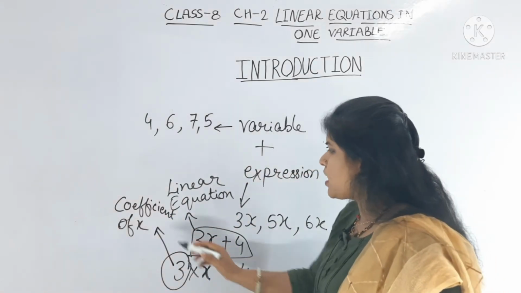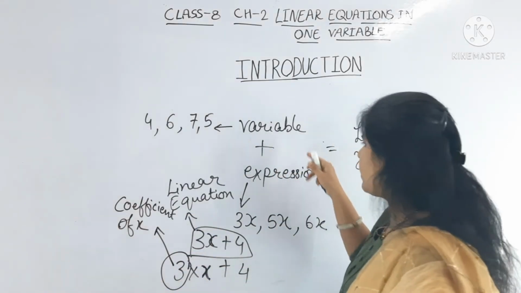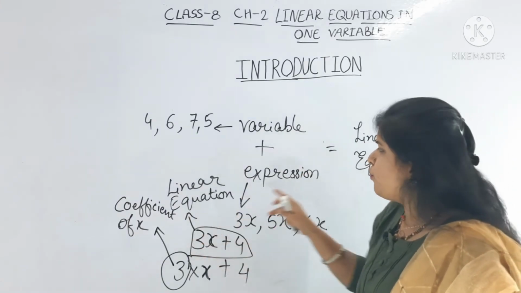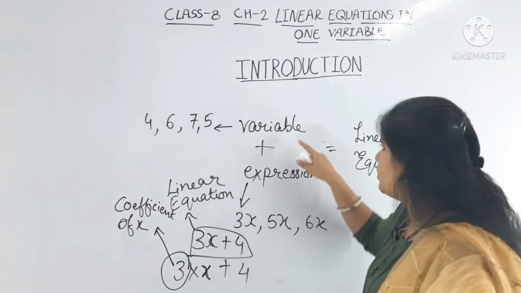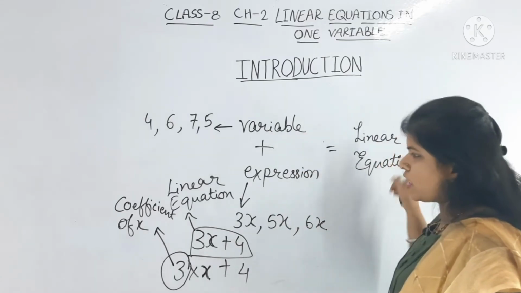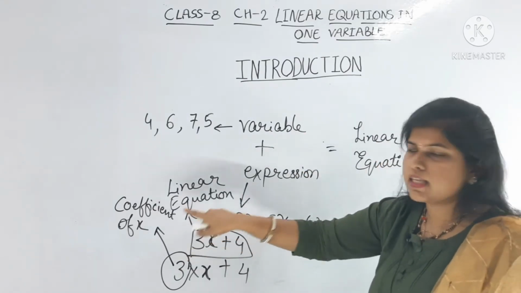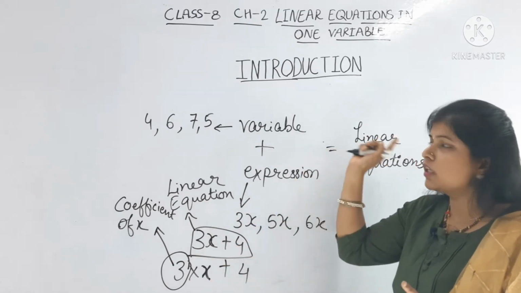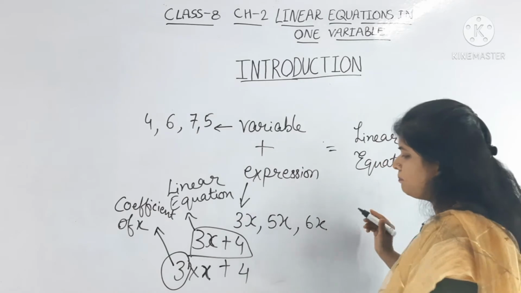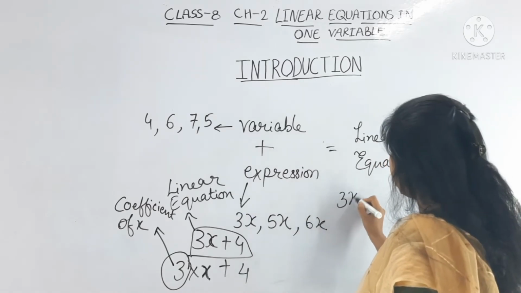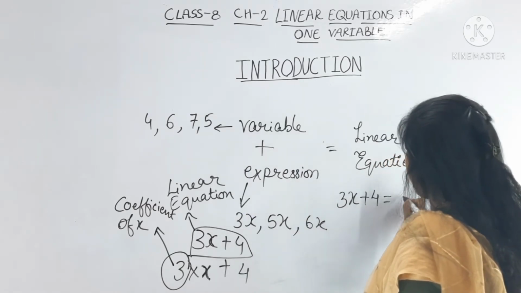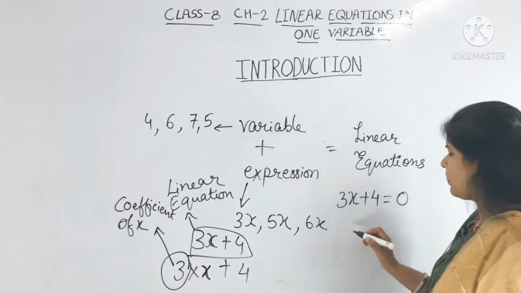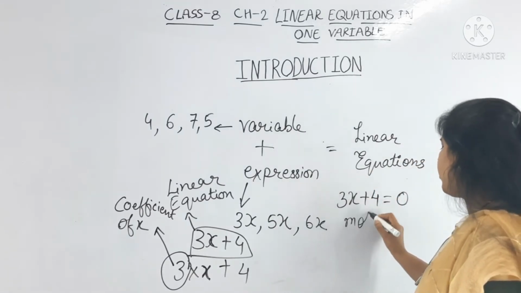These terms are very important. Variable, expression, linear equation, coefficient of x: these are all terms used in this chapter. You can write it like this, 3x plus 4 equal to 0.